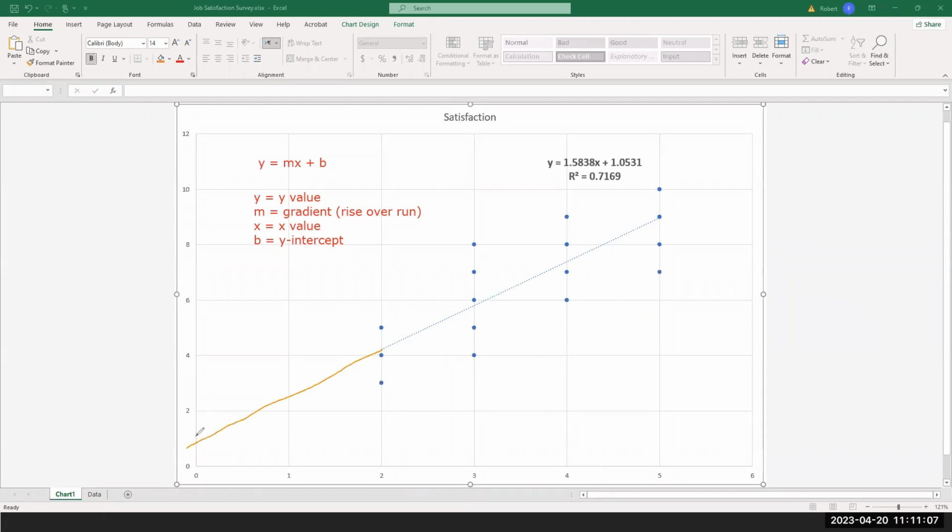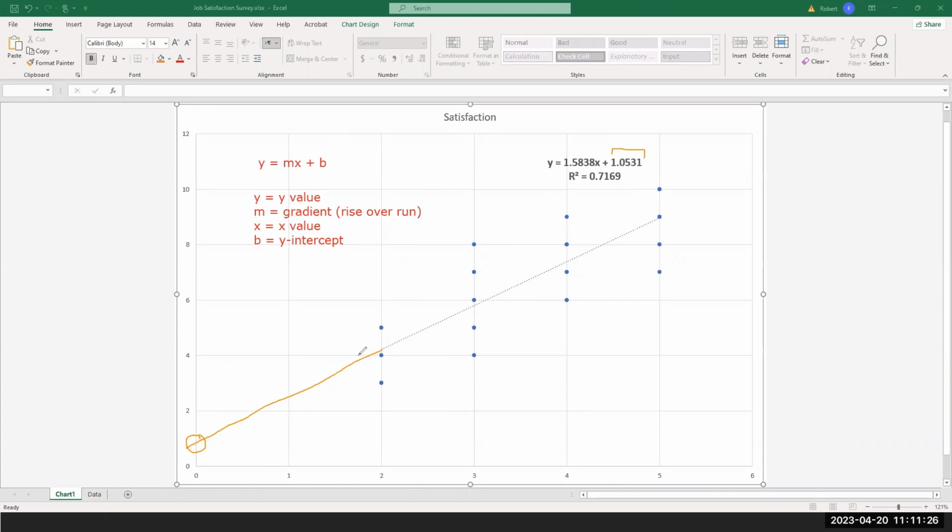It intercepts at around about this value here. This is the y-intercept, exactly where it crosses over the y-axis at 1.0531. And if you look at the scale, that's pretty good.